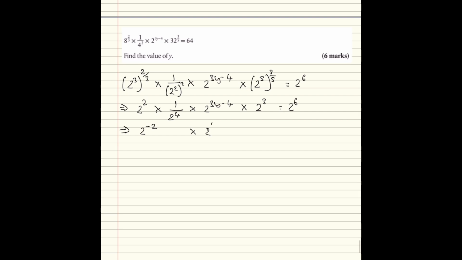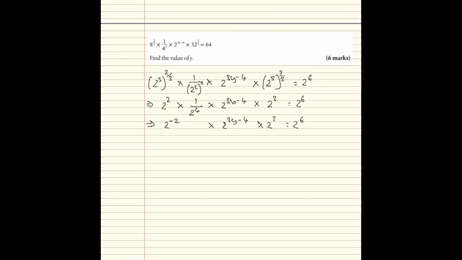Now we have 2 to the power of 3y take away 4, times 2 to the power of 3 equals 2 to the power of 6. Now, moving on to the next line, we've got to add the powers together because the indices are all of the same base.